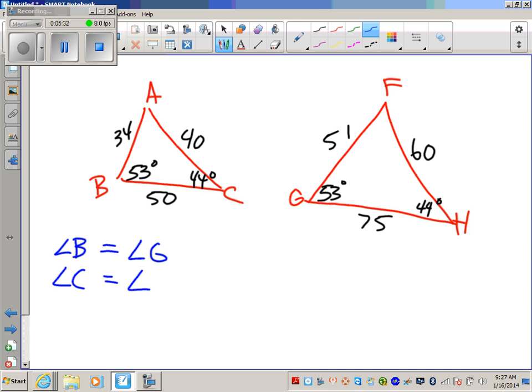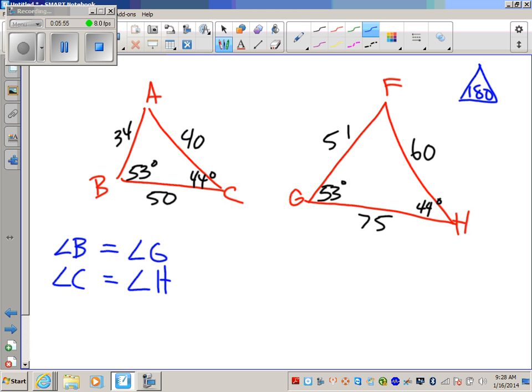Leanne? Angle H. Now, in your book, it'll tell you what the angle measurement is, but on the assignment, they might not. A triangle, its internal angles measure up to be 180. No matter what kind of triangle it is, the interior angles will add up to be 180.